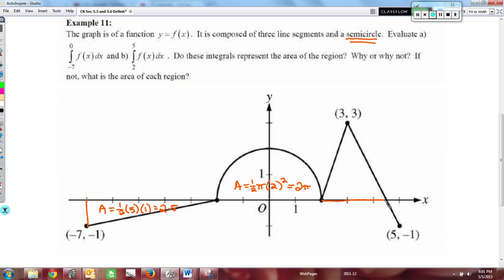The area here, now we probably should figure out what this actually is. This kind of thing, you don't always assume. I'm pretty sure it's 1/2, but let's think about the slope here and make sure that it would work out. The equation of this line would be y equals my slope, -1 minus 3 over 5 minus 3, -4 over 2, or -2.